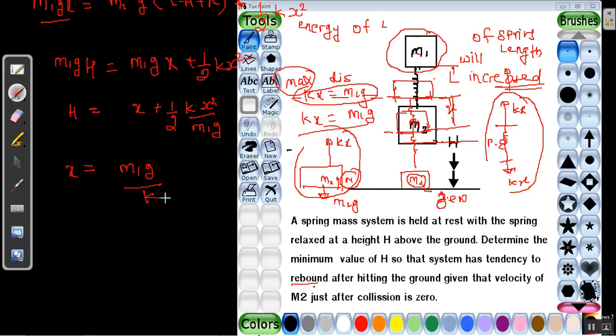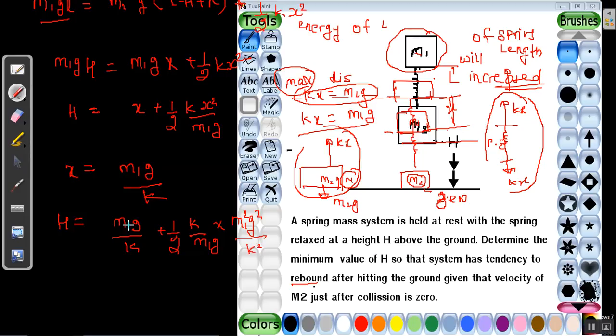So let's put the value of x. What we find is that h is equal to m1 g by k plus half, see here, this is k divided by m1 g, and this will be m1 g square by k square.